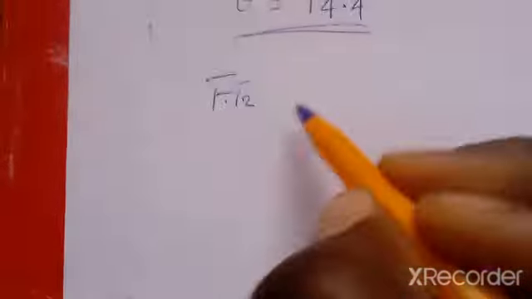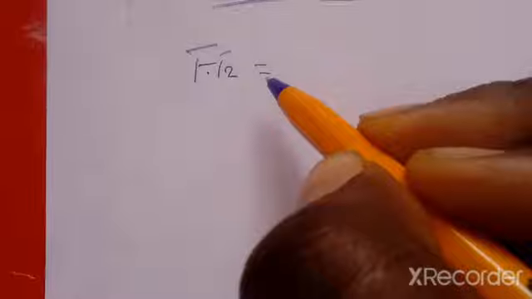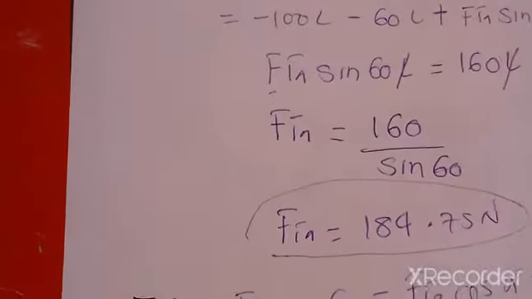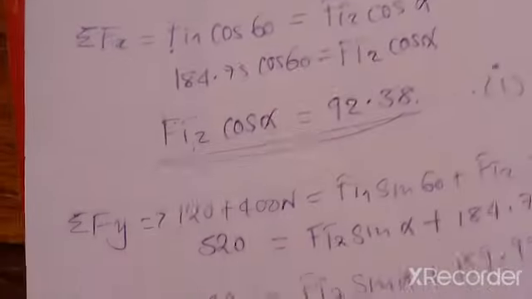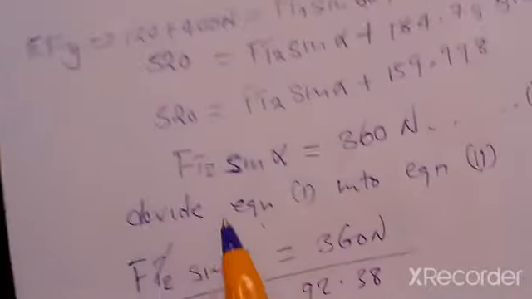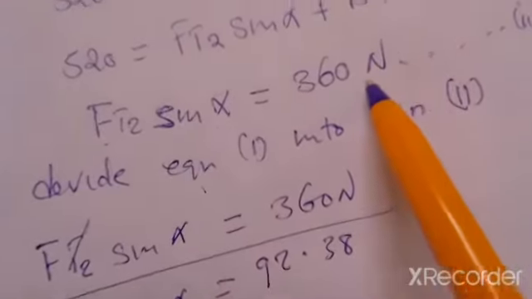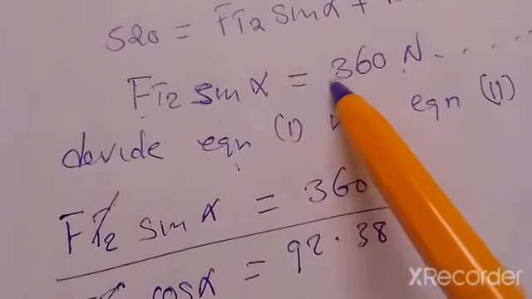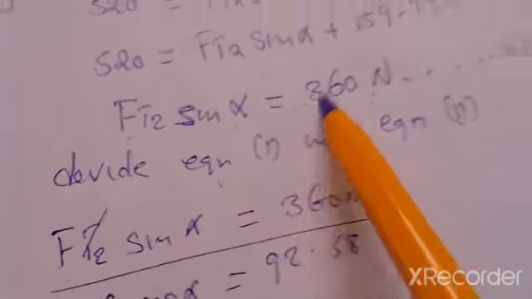Let's go back and check the equation that I'm using, just in case somebody has not followed it up. We had this equation here, equation 2, okay, which is ft2 sine alpha is going to be equal to 360 newtons. That's the equation that I've adopted.